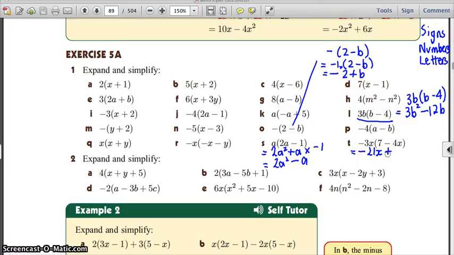It's a positive. Good. 3 multiplied by 4. 12. X multiplied by x. X squared. Yep. Okay, so hopefully that's okay. Shall I go through any more, or are we okay? Yes, we're okay. Continue.